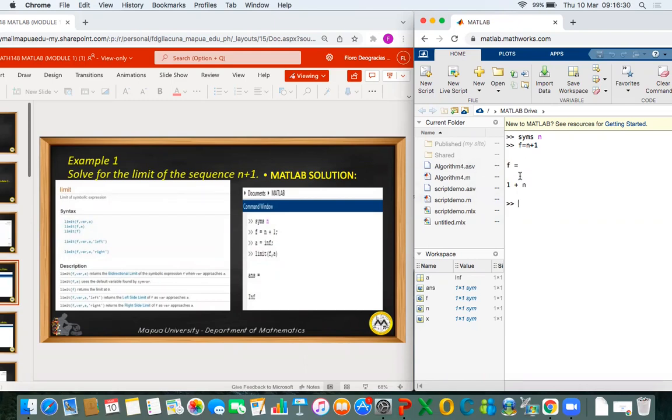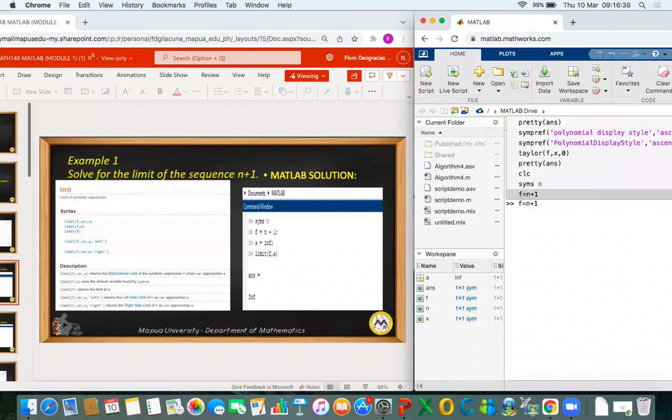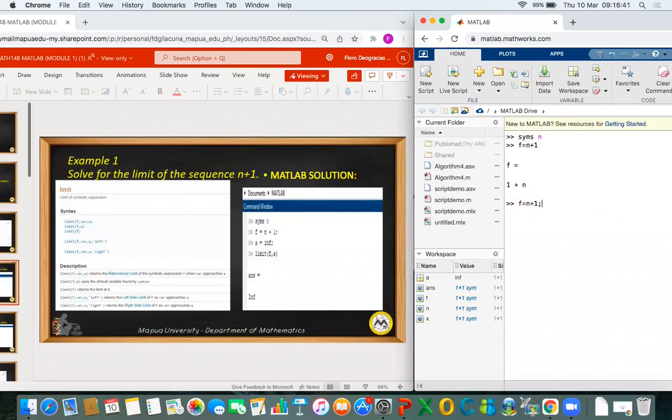You see here, class, f equals 1 plus n. And then let us try, class, if we will use a semicolon. It will not display the output. But don't worry, class, it will not affect the MATLAB computation whether we use a semicolon or not.